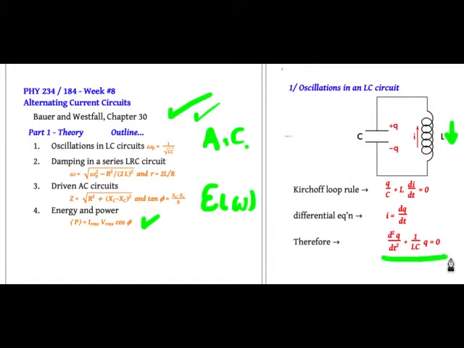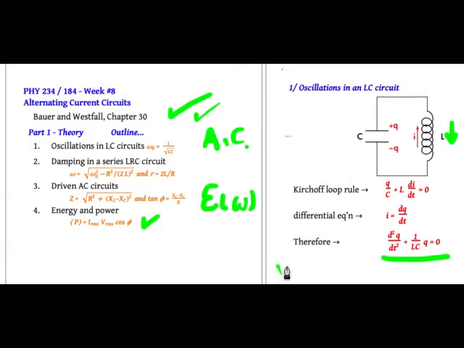That's the oscillator equation. That's an equation that you will recognize from mechanics. It's the equation for simple harmonic oscillations. It's just like a mass on a spring.